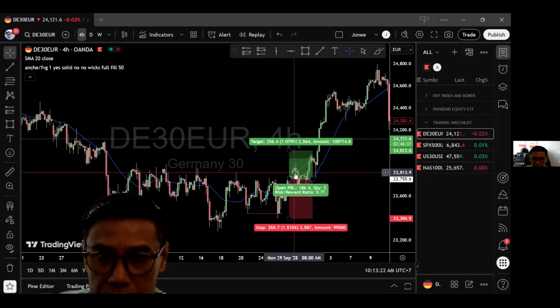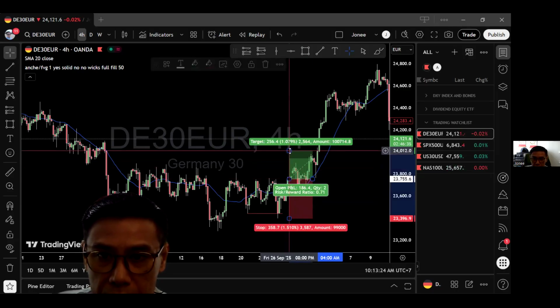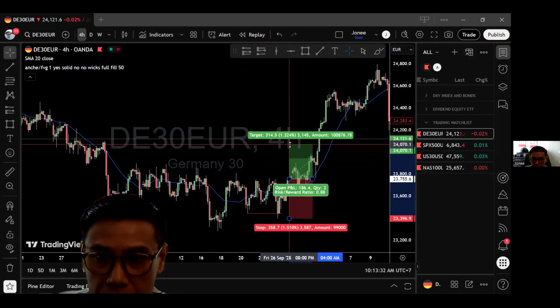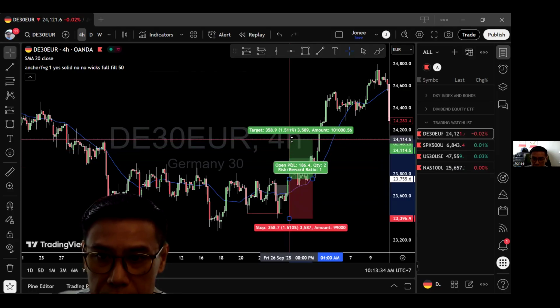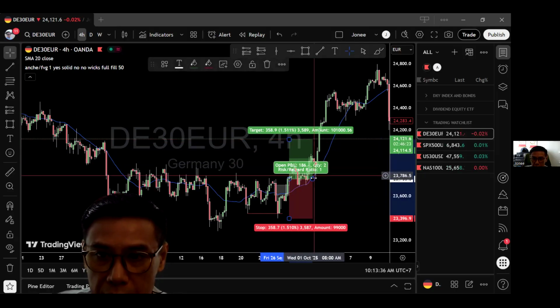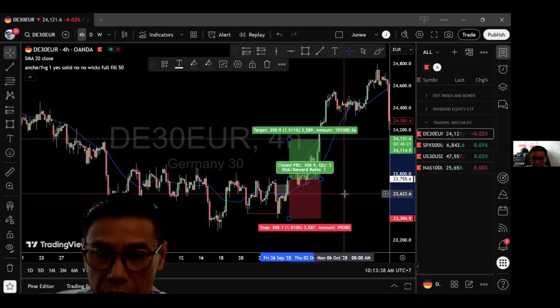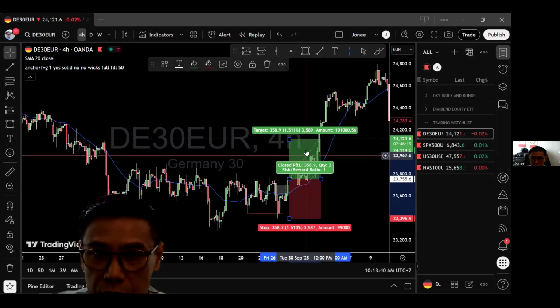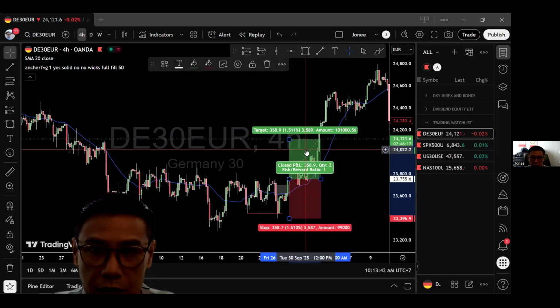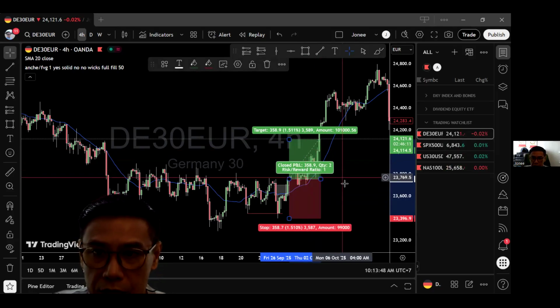In the first position, remember, just use either 1% or less than 1% per trade of your total account balance. Your first partial profit should be taken at 1:1. So once you have reached 1:1, take 60% profit, and then leave 40% of the remaining position to run.